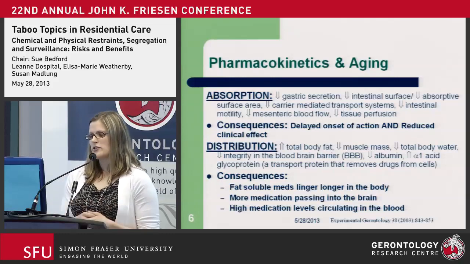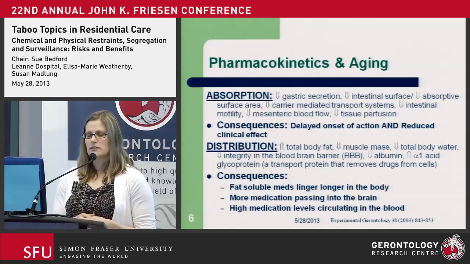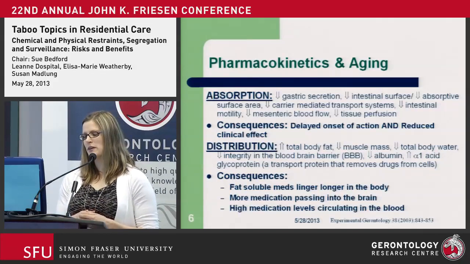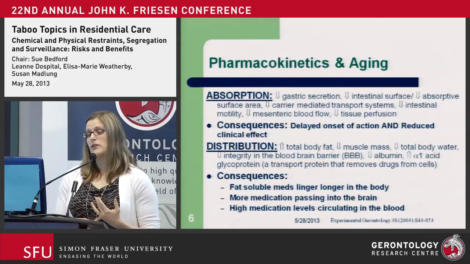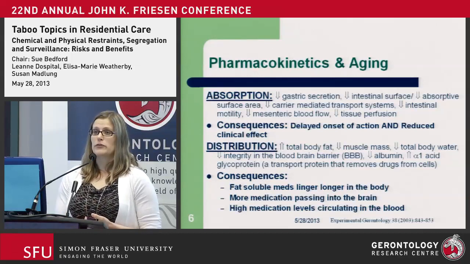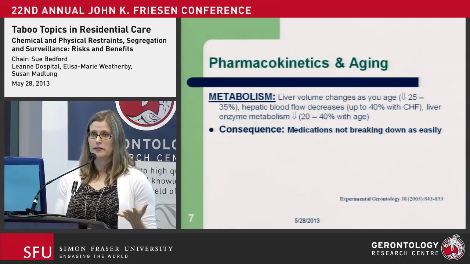There are also changes in certain transport proteins that remove drugs from various cells. So in general, the consequence is that fat-soluble meds linger in the body longer, more medication passes into the brain, and higher medication levels circulate in the blood overall.